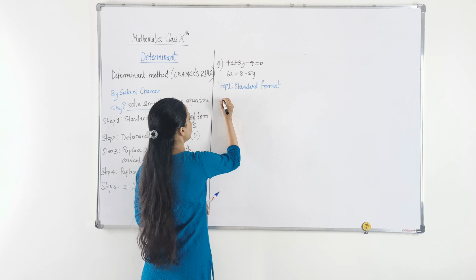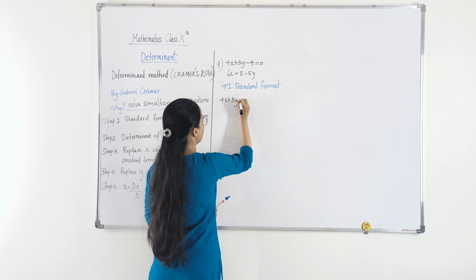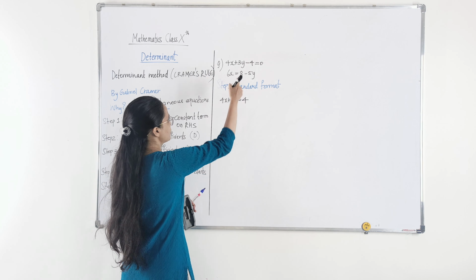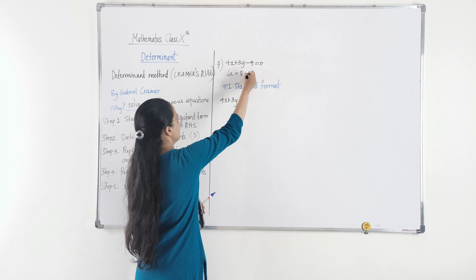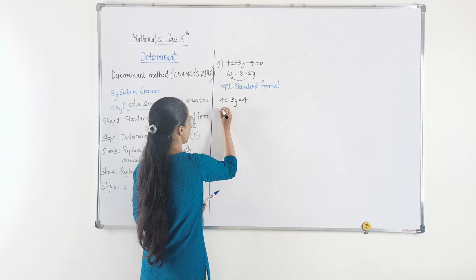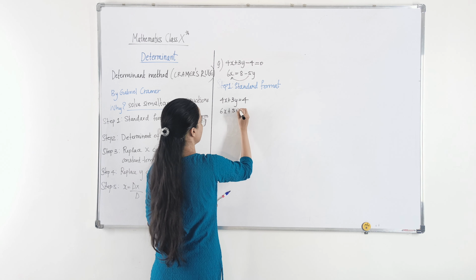So when I shift 4 on the other side, minus 4 would become plus 4. So I'll get 0 plus 4, which is 4. Likewise, when I shift minus 5y on this side, the minus 5y gets converted into plus 5y. So the resultant equation that we get is 6x plus 5y equals 8.